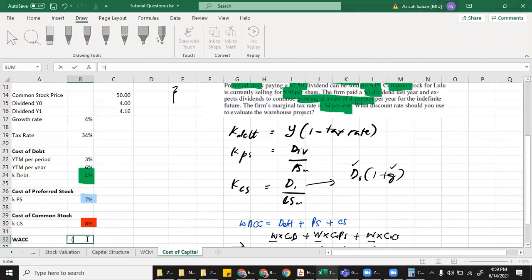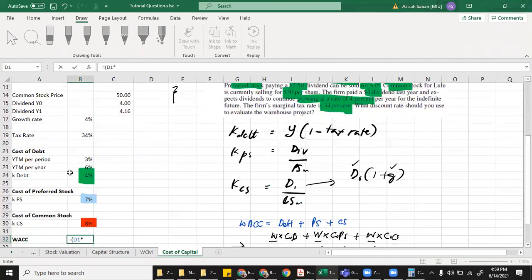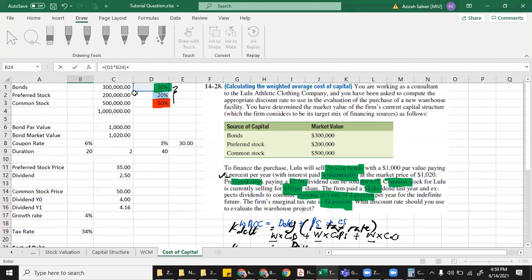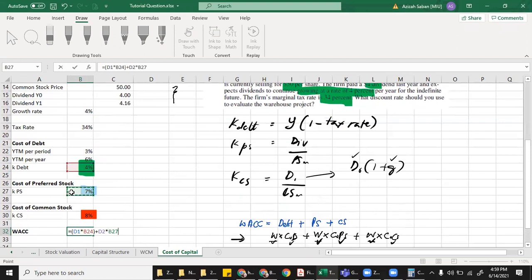Equal sign, open bracket, this one, multiply by 4%, close bracket, plus, let's go for the blue one now. Blue one multiplied by another blue one, close bracket, add.